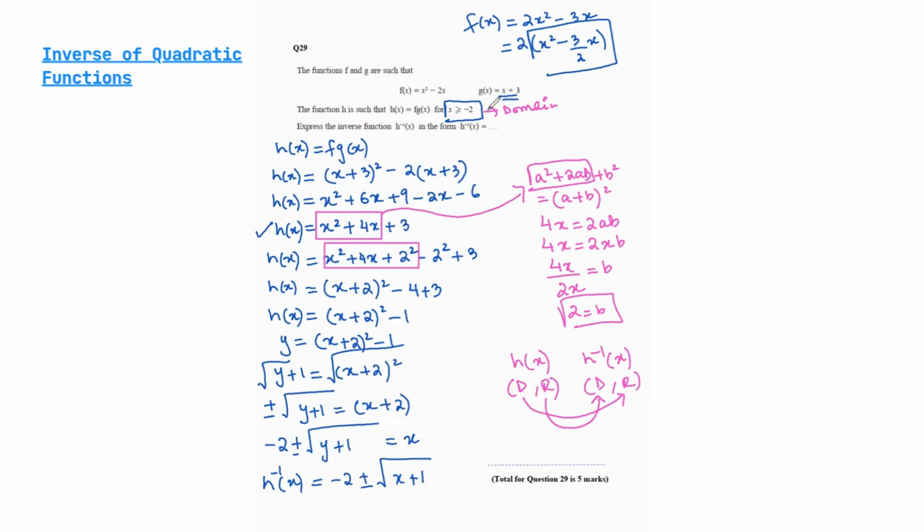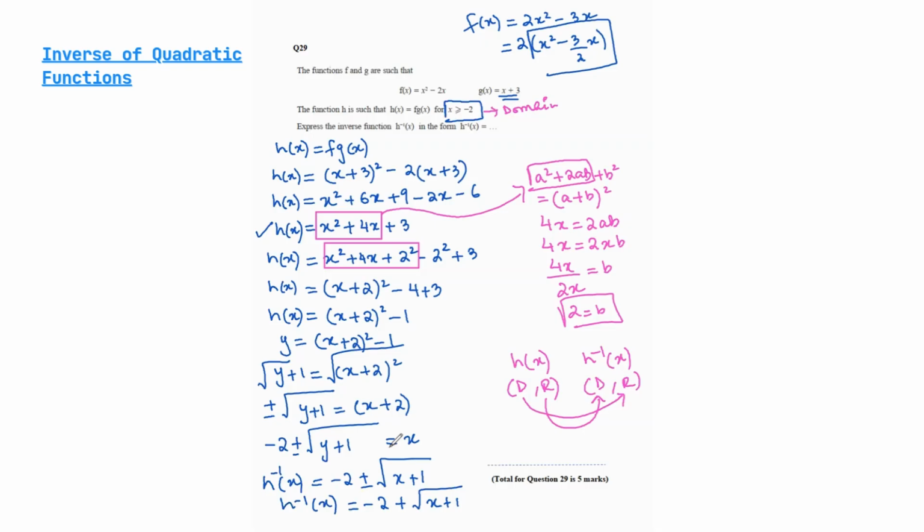So it says x is greater than equal to negative 2, which means over here, our inverse would be negative 2 plus root of x plus 1, not minus. Why? Because if we do negative 2 minus root of x plus 1, we're decreasing the value of our function. It's going to be less than negative 2.